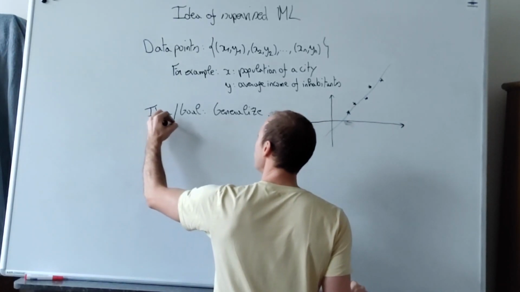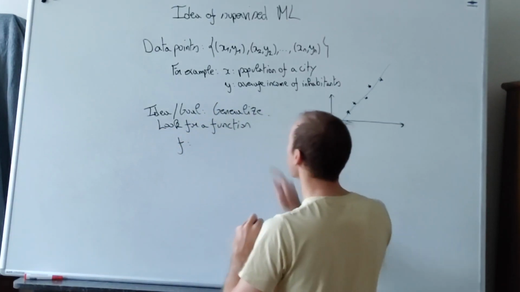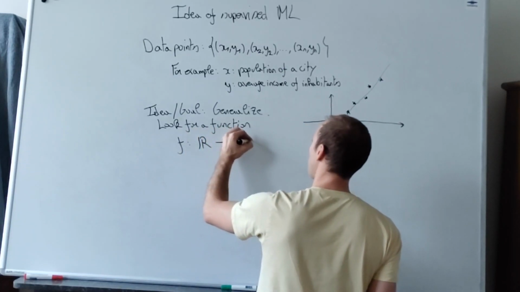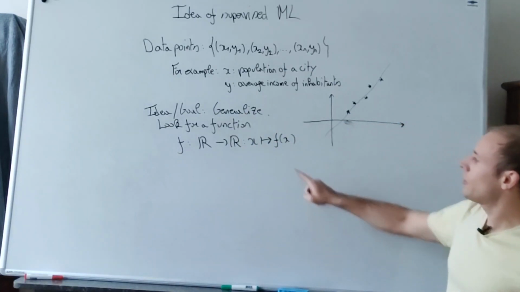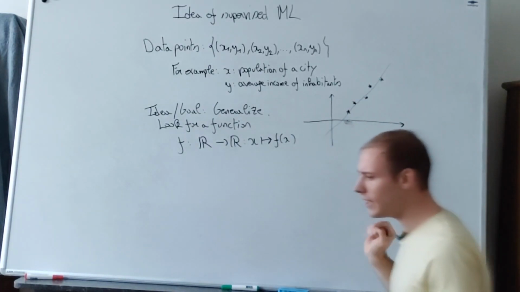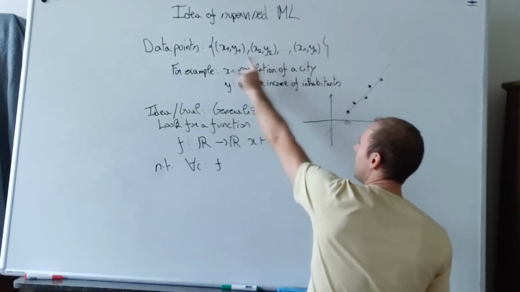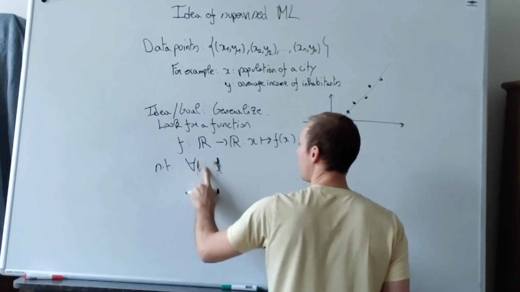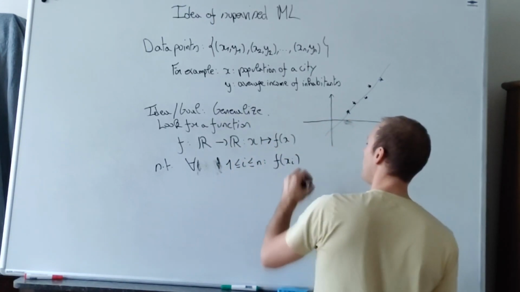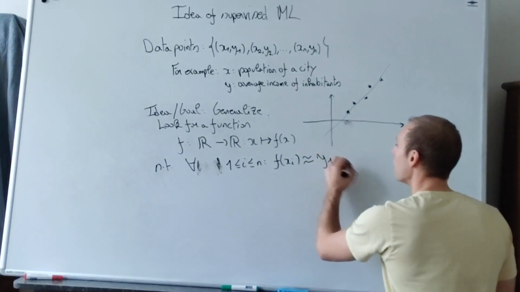Actually, we mean look for a function f which goes, our data consists of tuples, in this case from R to R, so which maps an x to f of x, such that the graph of this function f is very close to all of the data points that we collected, meaning such that for every i, so we have these n data points, so let's say for every i between 1 and n, if I evaluate this function f in my ith data point, this is almost or very near to the actual y value, y_i, of course.